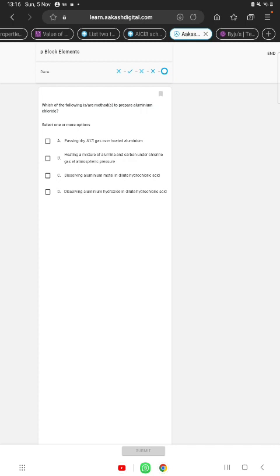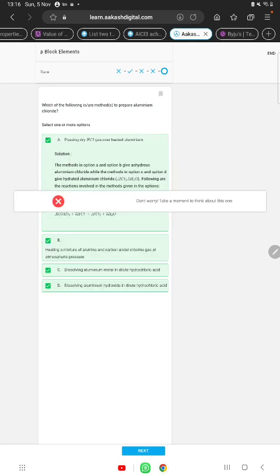Passing dry HCl gas over heated alumina. Heating a mixture of alumina and carbon under chlorine gas, dissolving aluminum metal in dilute HCl, dissolving aluminum hydroxide in dilute HCl. So all of these can lead to it student. Aluminum hydroxide is passive, so it cannot give. Don't worry. All are correct students. Very tough.